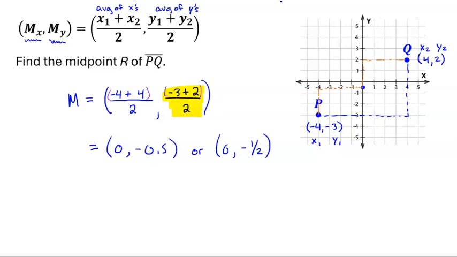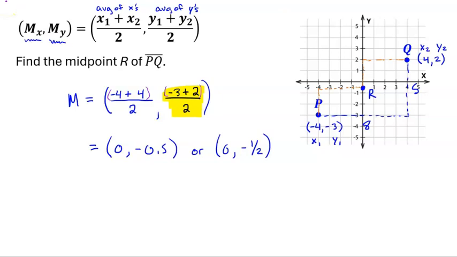From left to right, we have 8 units, and then we're cutting that in half, and we're at 4. So we've got 8 units here, and then we're going up by 1, 2, 3, 4, and 5. And then cutting that in half, it would be 2.5. And so that might be another way that you can find your midpoint as well if you're struggling with that formula, or if you just want a faster way to do it because you already have a graph ready for you.